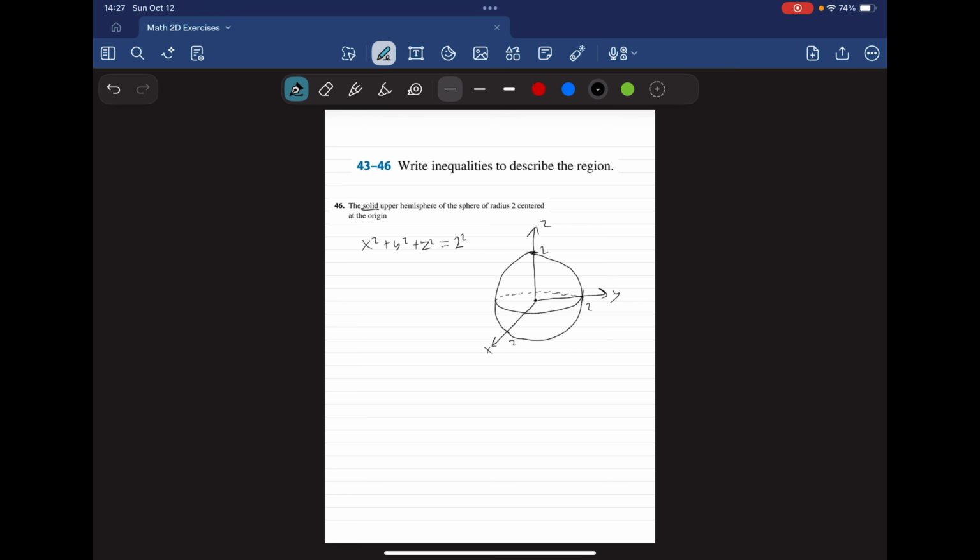Because they want the solid upper hemisphere, in particular they want the solid region, what we need to fill out is everything that's above the xy plane, because we want the upper hemisphere. And so if we draw out what this region should be, this would be everything right here.